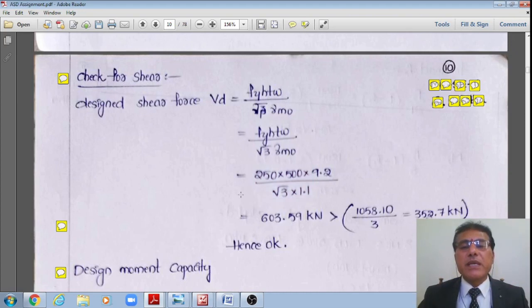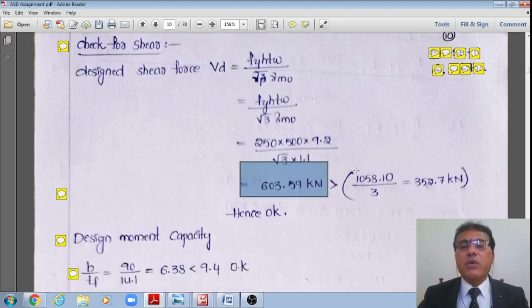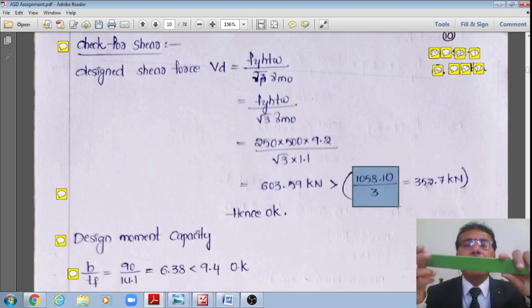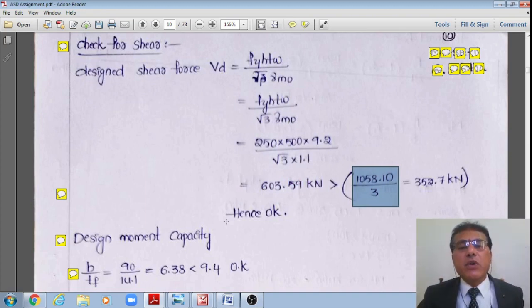It works out to 603.59 kilonewton. However, it is subjected to a factored shear force of 1058 divided by 3, because we have provided 3 beams. 3 beams will be resisting this much shear force, right? Therefore, that works out to 352.7 kilonewton.